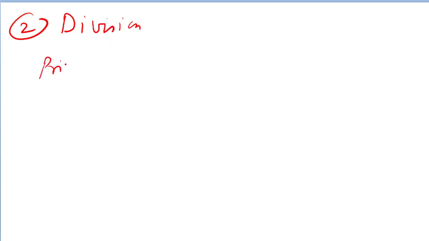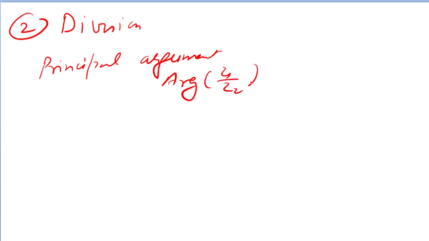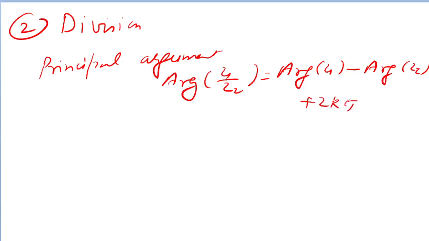Same way, the principal argument of z1 upon z2 will be argument of z1 minus argument of z2 plus 2k pi. This k is added to adjust the values to lie between minus pi to pi.